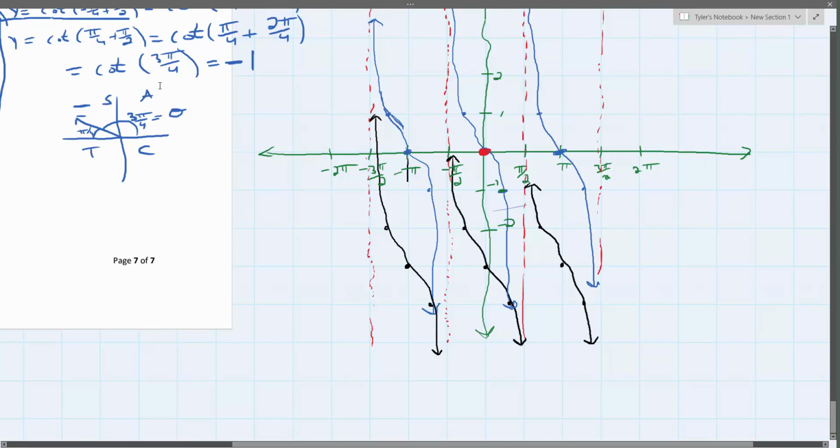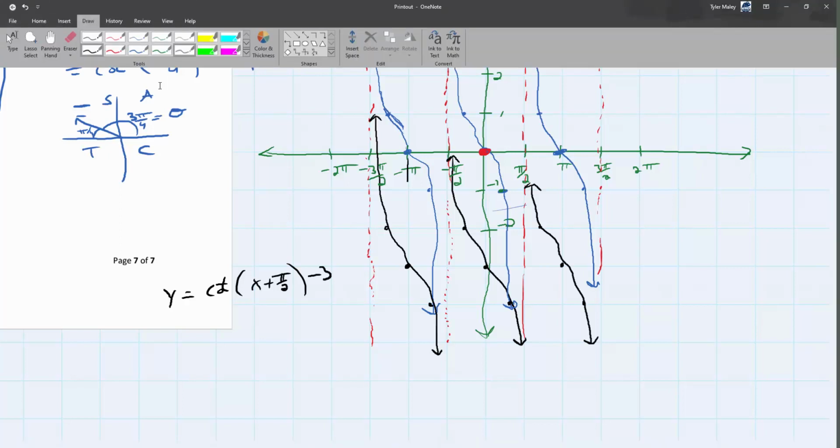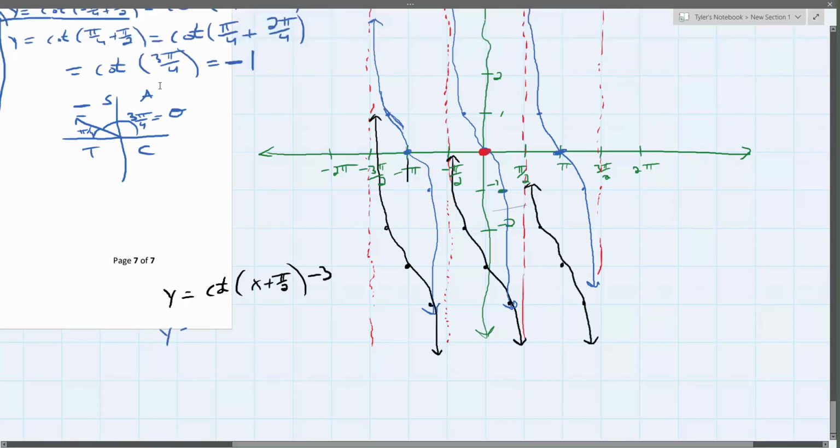Just to be clear, in the black, that's y equals cotangent of x plus pi over 2 minus 3. And then in the blue, that was y equals cotangent of x plus pi over 2. So we weren't doing the vertical shift. Right, so now we have all of those graphs graphed correctly.